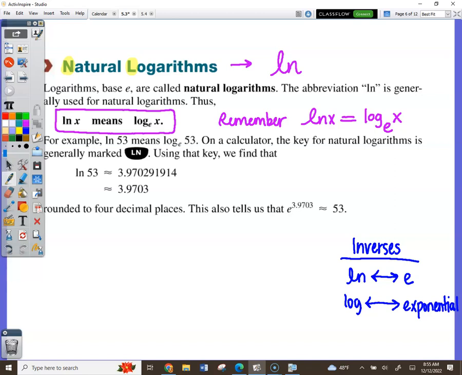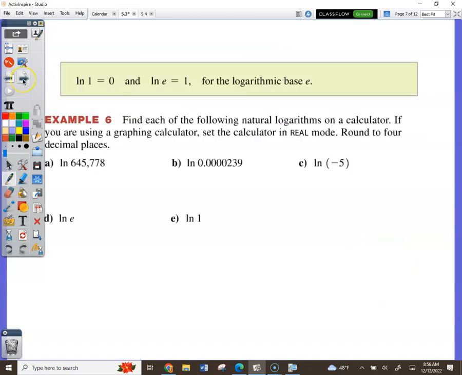This slide is also important. Oh, I turned my page already. Yeah, so this slide's very important because of that right there. And then it brings us to this. These are, once again, special cases.